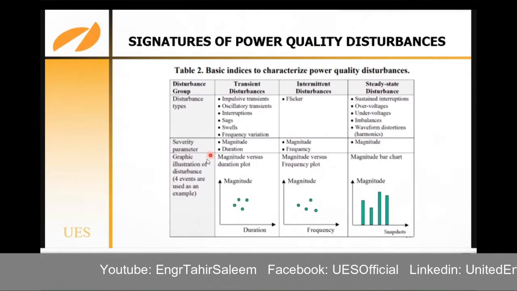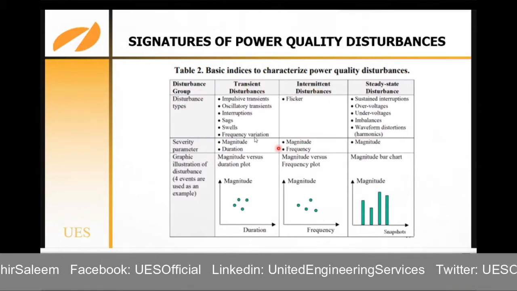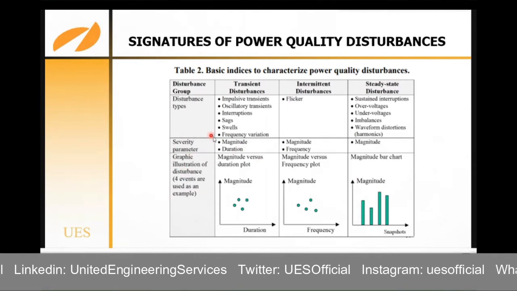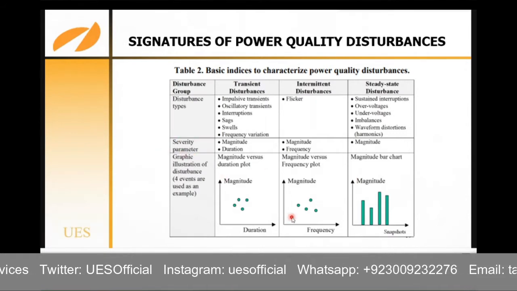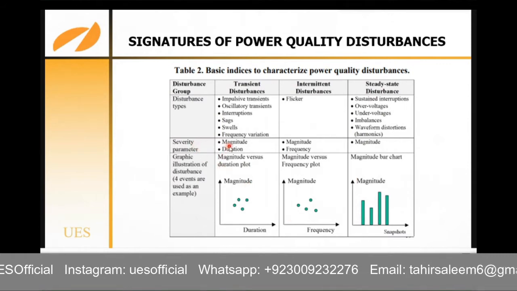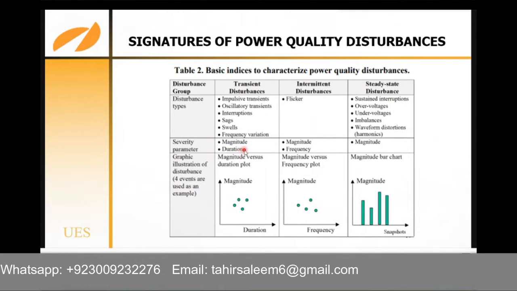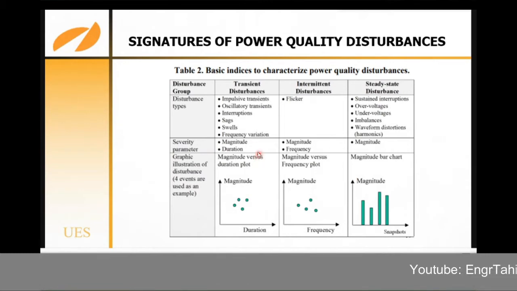Now, these are the disturbance groups: transient, intermittent, same as the previous table, but it has another parameter, the severity parameter: which parameter of that disturbance actually makes it severe for the power system, how it will damage the system, or which part of that kind of disturbance has a more unwanted, undesirable effect on the power system.